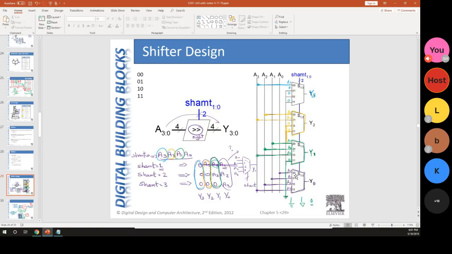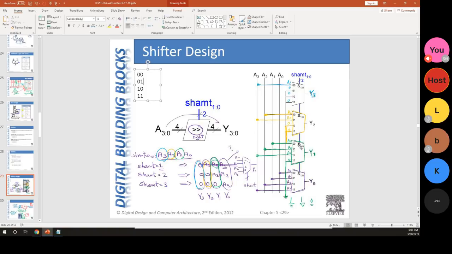So in the case that it's 0, 1, you shift by 1. In that case, the most significant bit is going to be 0, because it goes from 1, 1, 1, 1 to 0, 1, 1, 1. A3, which was the most significant bit, is now the second most significant bit, and it goes down the chain.